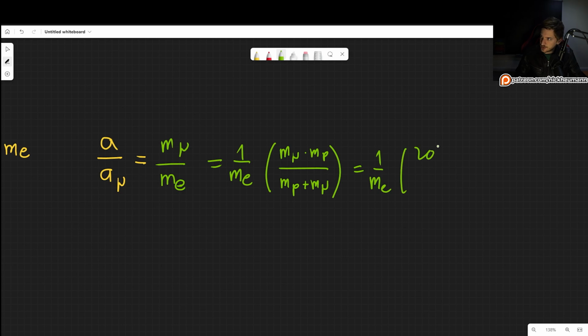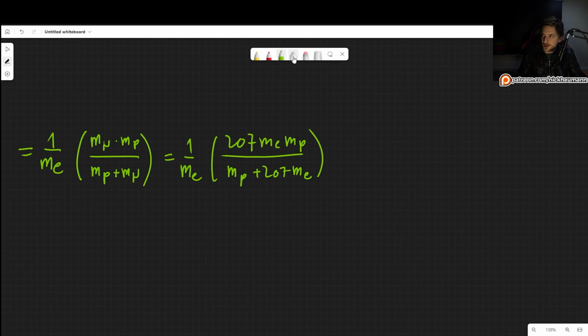So we get 207 m_e m_p divided by m_p plus 207 m_e. Here we can cancel out these masses and multiply by 1 over m_p so that we have a simpler expression: 207 divided by 1 plus 207 m_e divided by m_p.